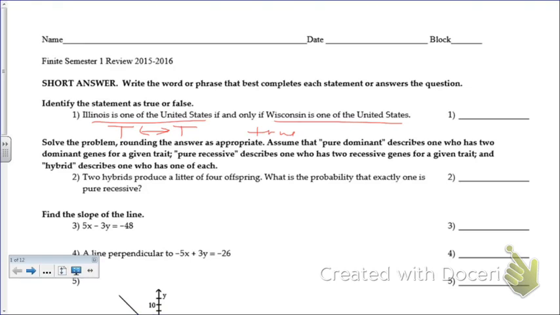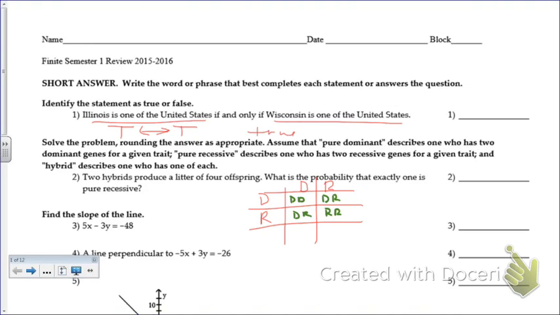So to do that, we'll have a dominant, recessive. And so the outcomes could be dominant, recessive, another dominant recessive, and recessive.